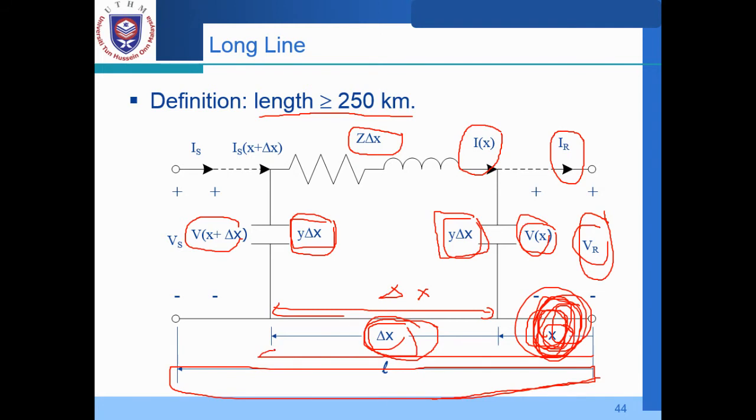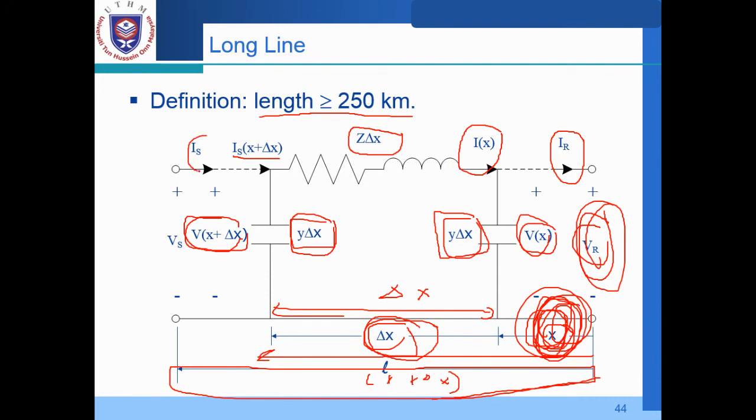From here to here is actually x plus delta x. So we have the voltage drop over here, Vx plus delta x. Similarly for sending current, we have Is x plus delta x, which has been seen from the receiving part.